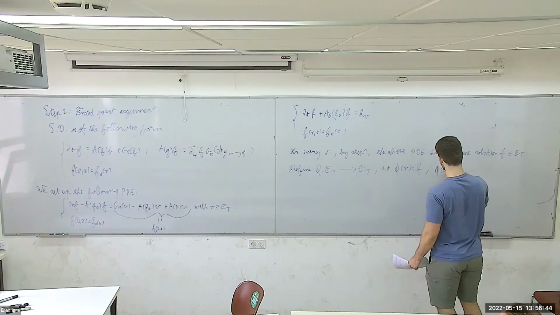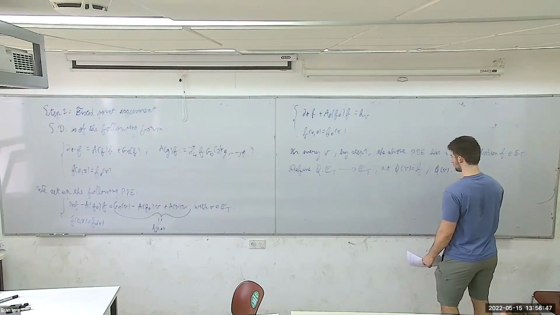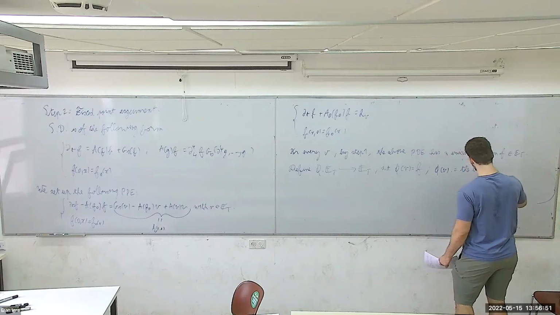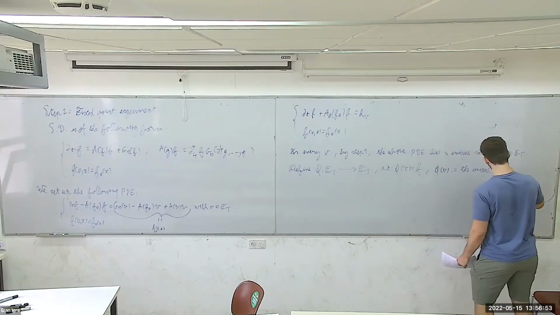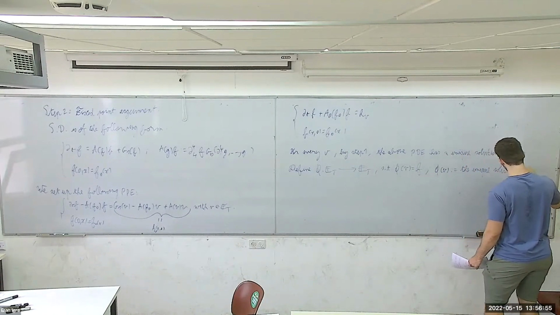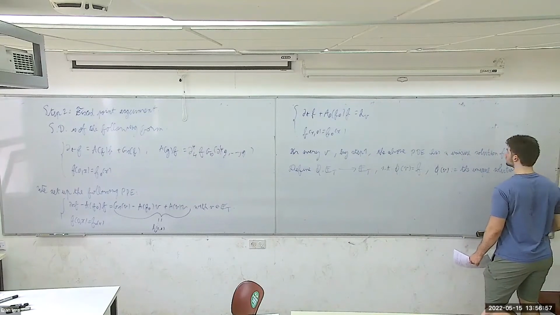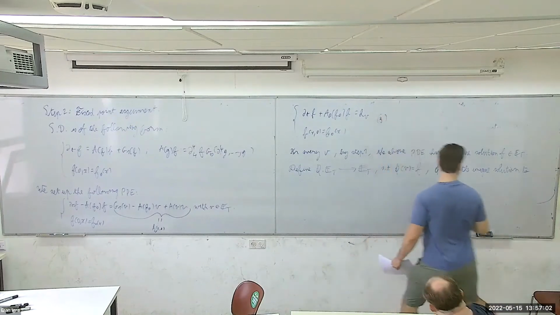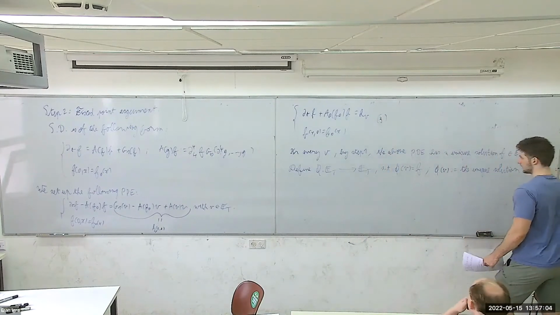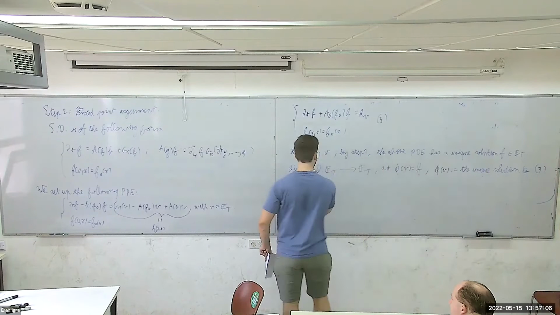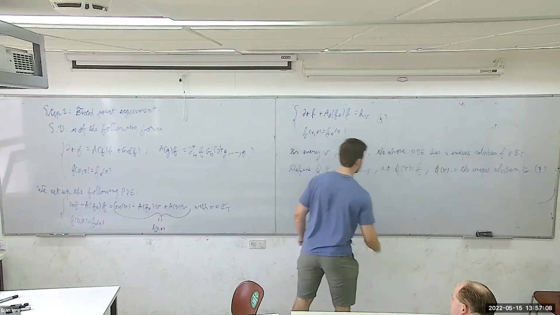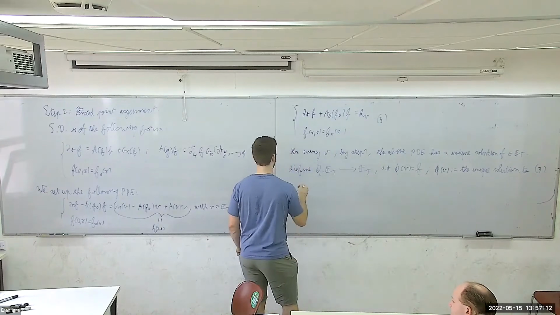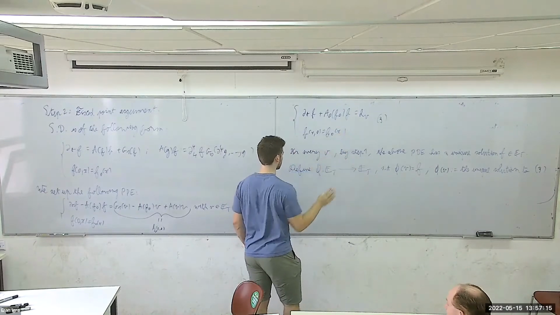So phi of v is equal to the unique solution to, let's call it (3), associated with v.